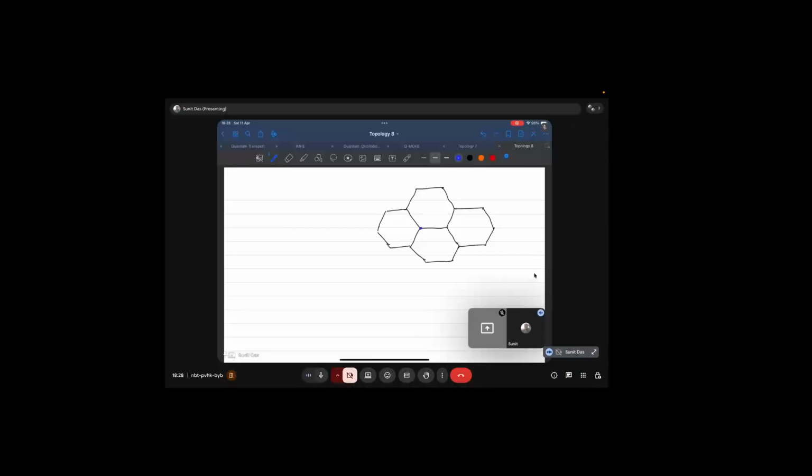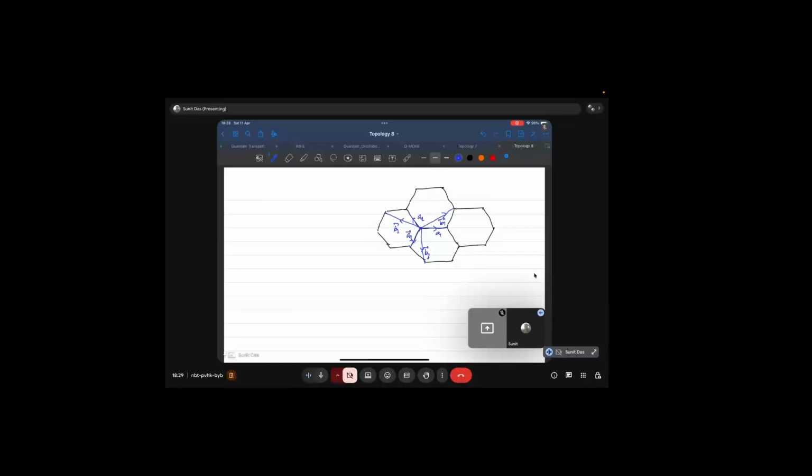This is, let's say, b1, one of the reciprocal lattice vectors, and then b2, and let's call this b3. The real space vectors are a1, a2, a3.